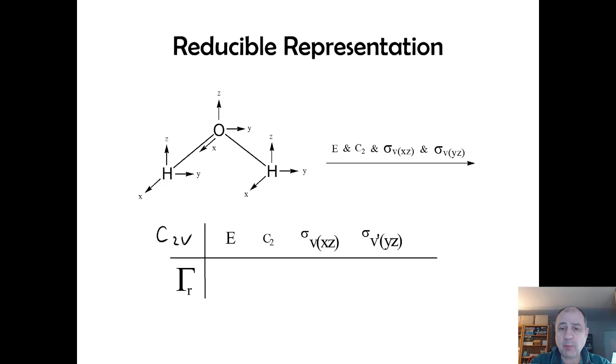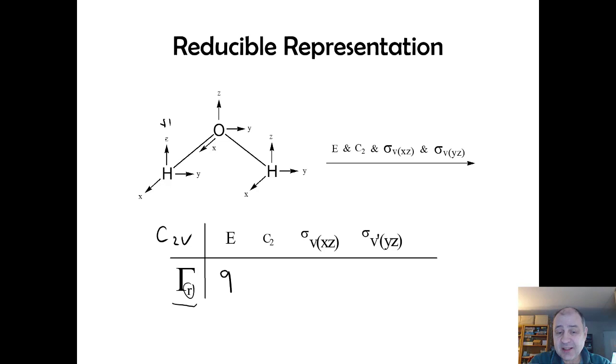Then we apply all of those operations one by one and come up with the reducible representation, represented by this symbol, Γ reducible. If we do an E, nothing moves, all 9 vectors have a value of 1, so you get a 9. Pretty simple. No atoms move, all vectors stay put. Every single vector gets a +1 value.